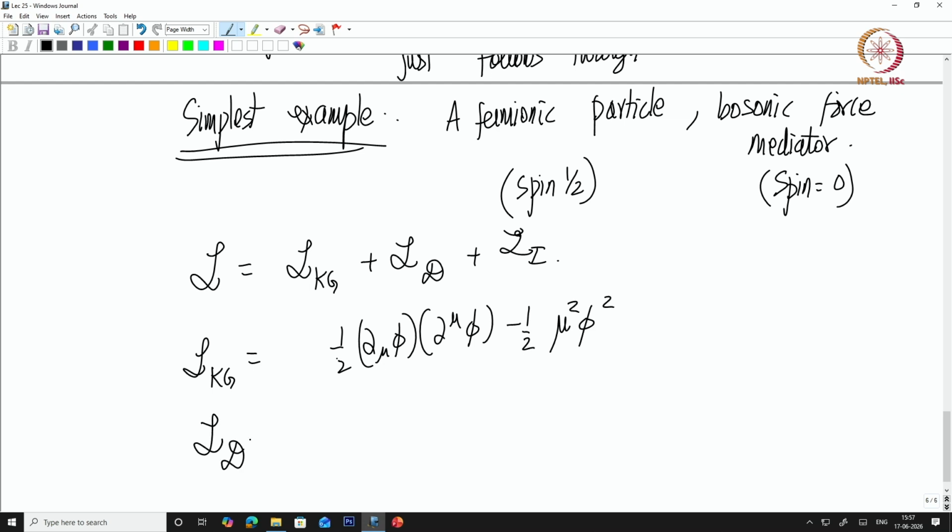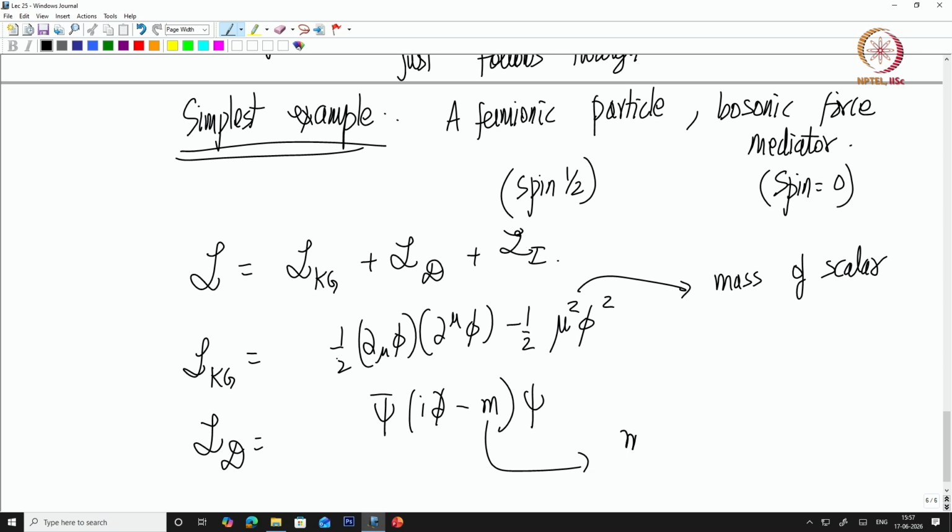L Dirac is equal to i psi bar (i del slash minus m) psi. Now this mu is the mass of the scalar, m is the mass of the fermion.